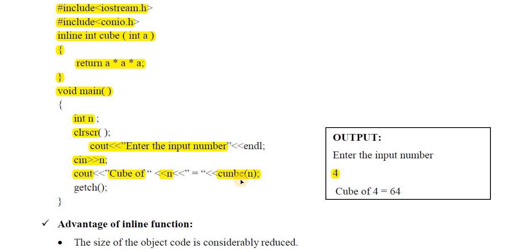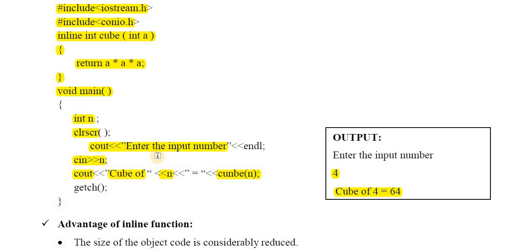Inline means expanded inline, or transferred inline, from where it is called. From this line we are calling the cube function, so the computer will transfer the above function body to this line. Then the n value will be copied into a. So a into a into a means 4 cube, and the result we will get is 64.